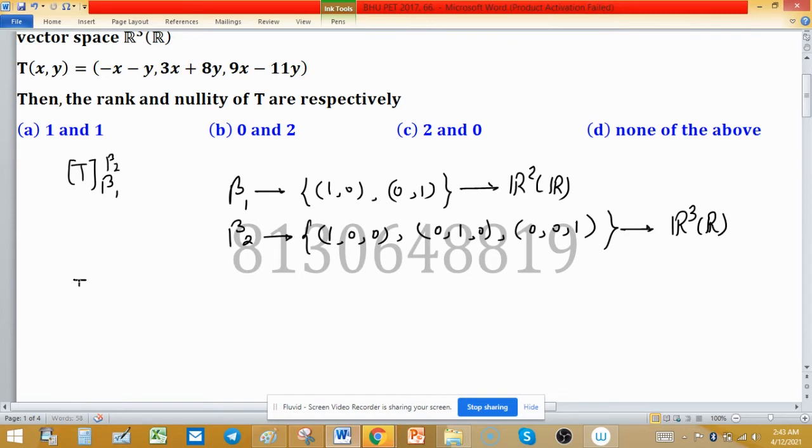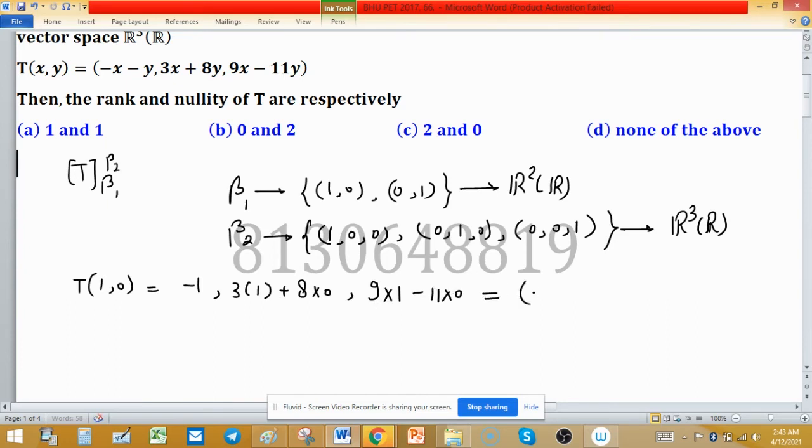So image of (1, 0) will be minus 1 times 1 plus 8 times 0 comma 3 times 1 plus 8 times 0 comma 9 times 1 minus 11 times 0.